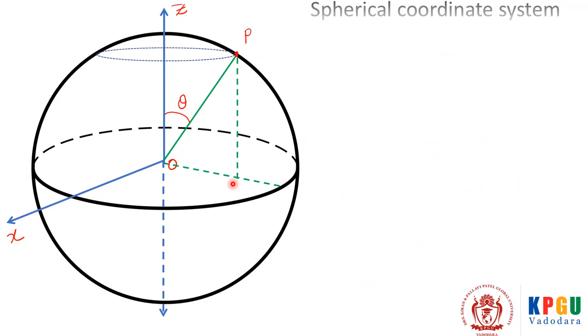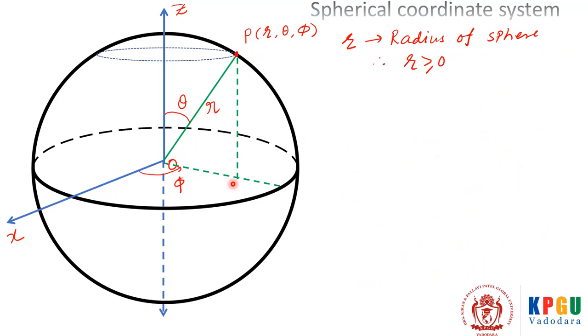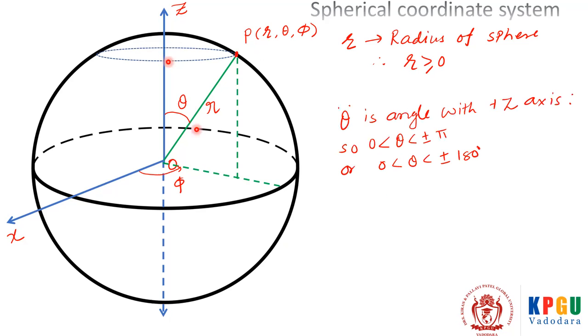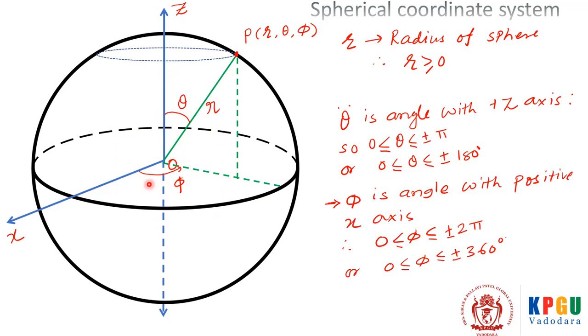Now, let's see the next part. This point is available in the spherical coordinate system. What are the dimensions? The first dimension is the radius. The radius of the sphere can be any value from 0 to infinity, so r is a value greater than or equal to 0. Theta is the angle made with the z-axis, so it can vary from 0 to 180 degrees or pi, and phi is the angle of this horizontal circle on the XY plane.